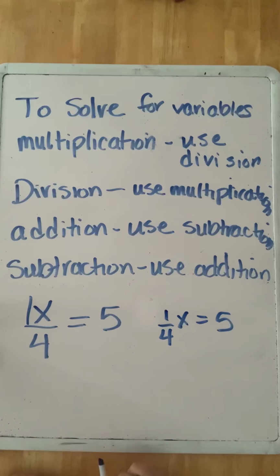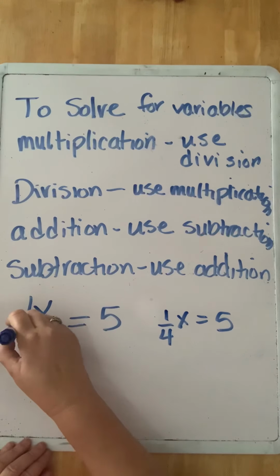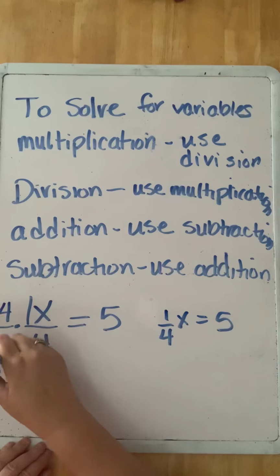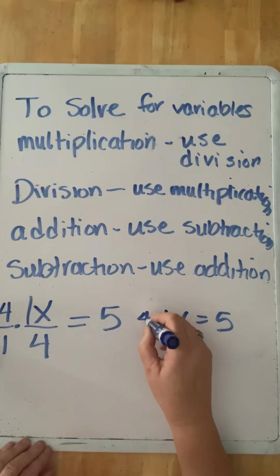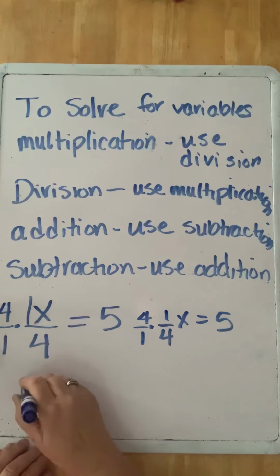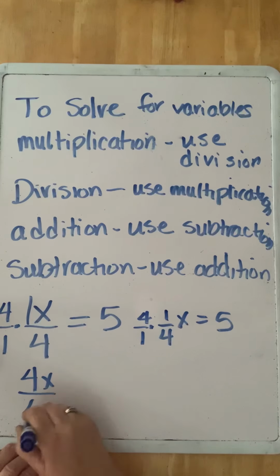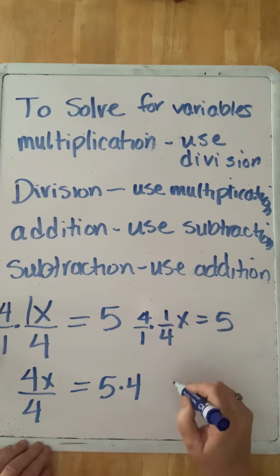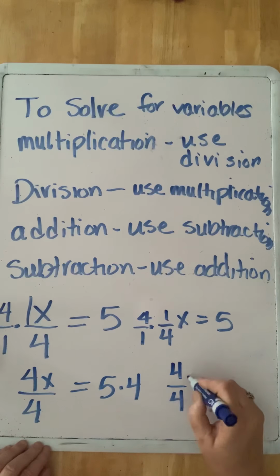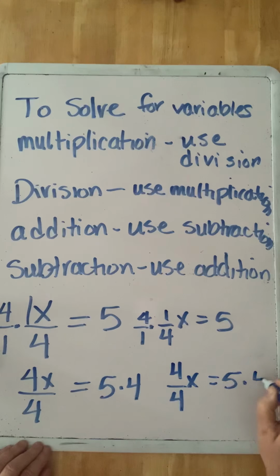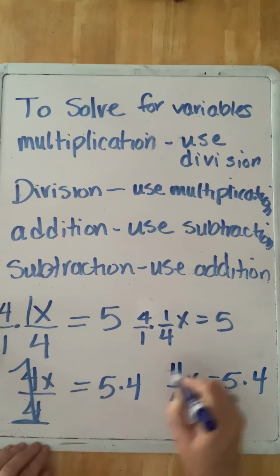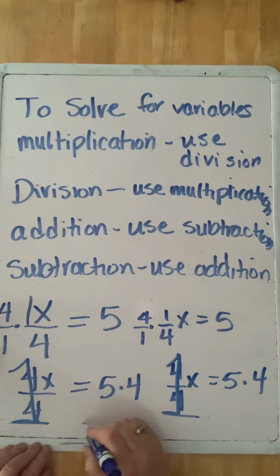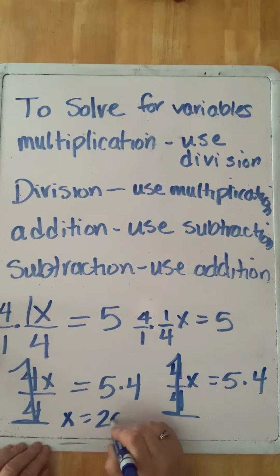But in either case, I'm still using multiplication because it's the reciprocal. So what I'm left with over here is 4x over 4 equals 5 times 4. Same thing over here. 4x over 4 equals 5 times 4. This is a 1. This is a 1. X equals 20.